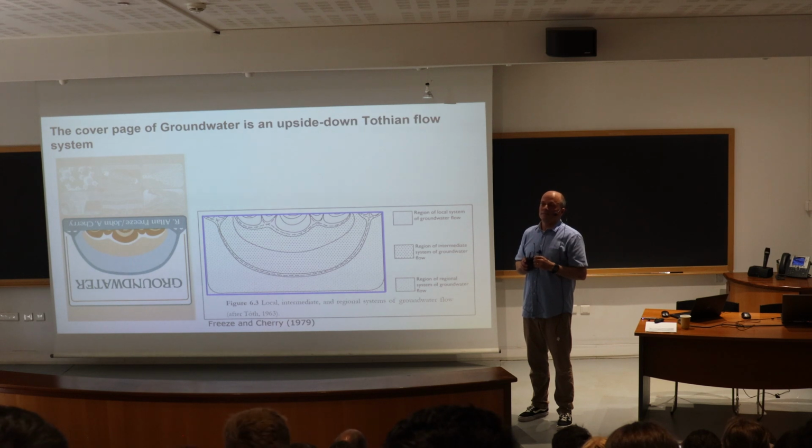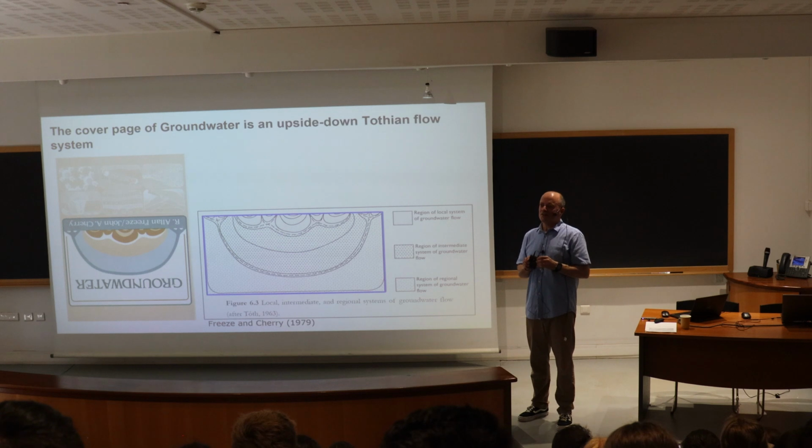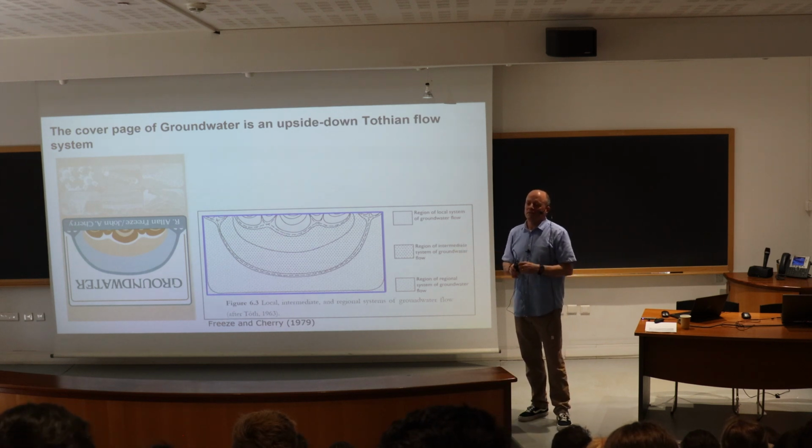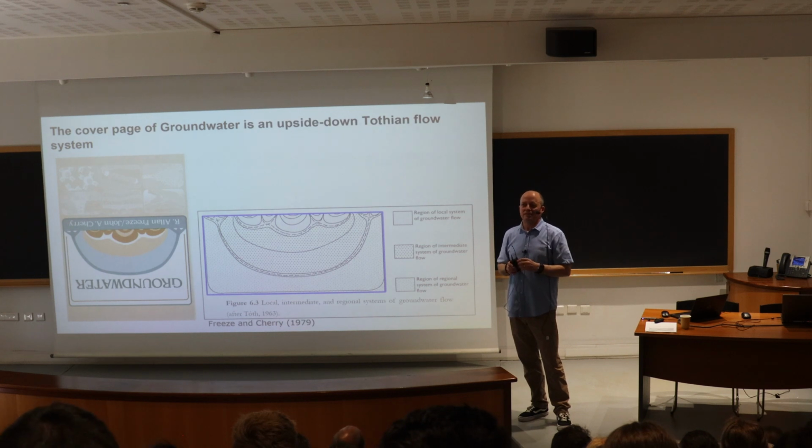Yeah, if you've ever visited a karstic system, I've visited karst, and the openings can be a meter large. So you get free surface flow in there, and the REV concept kind of breaks down. And Darcy's law will not be valid.